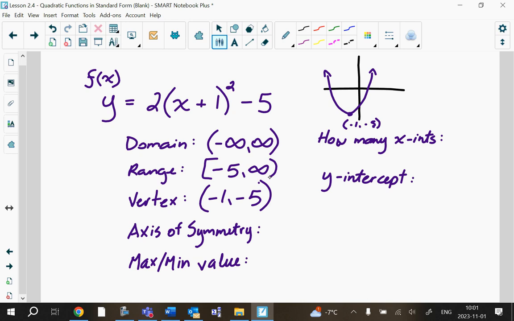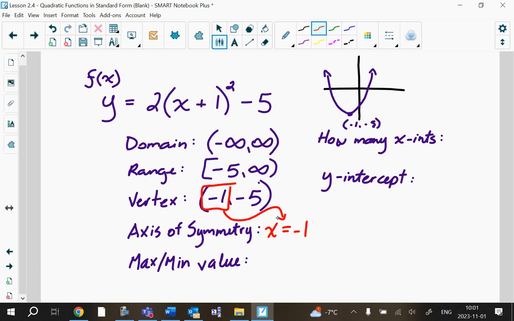What is the axis of symmetry? x equals -1, not just -1. x equals -1, because you are writing the equation of a line, so you have to put the x in.